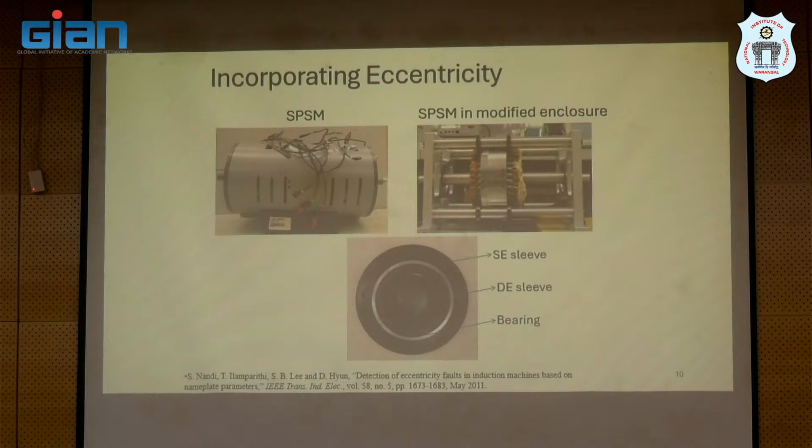Induction motors are also used in electric vehicles, especially off-road and high power electric vehicles. All these are still propulsion motors, but if you are looking at a permanent magnet based motor, then definitely you need to look at a different type of test setup to introduce an eccentricity fault.